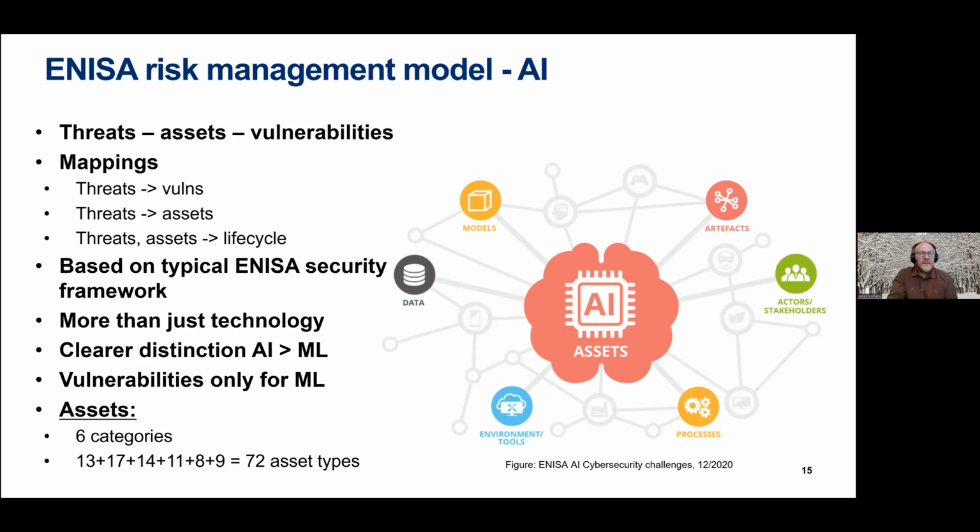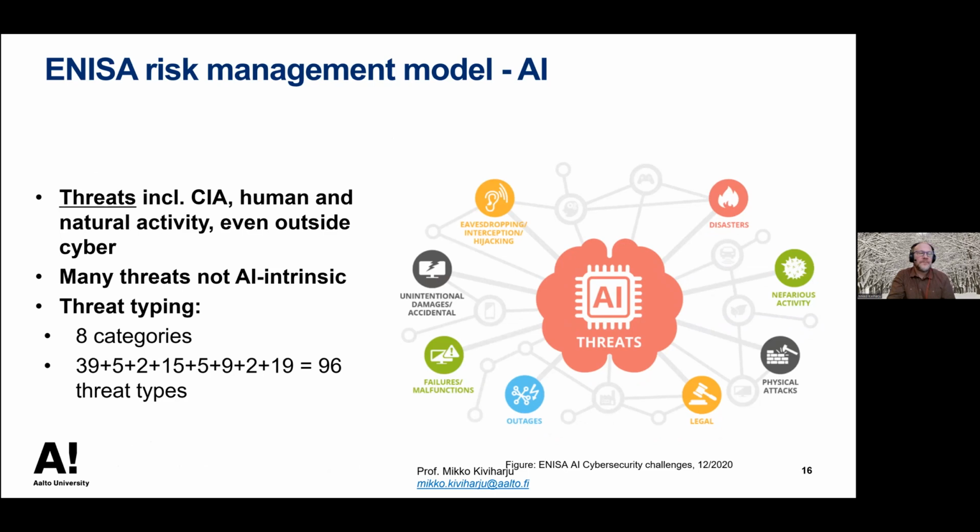It is very comprehensive, with 72 asset types identified and 96 different threat types, but most of them are not AI intrinsic. They are general to all cybersecurity.